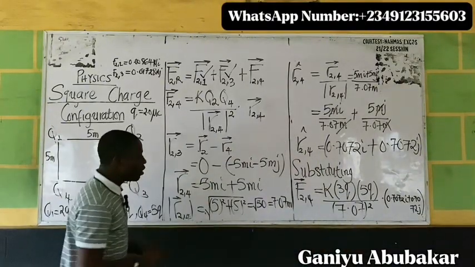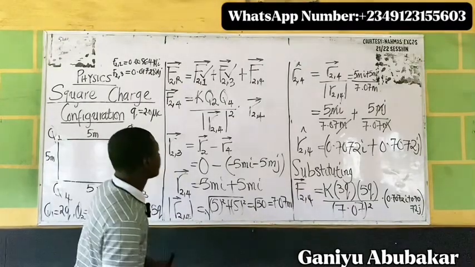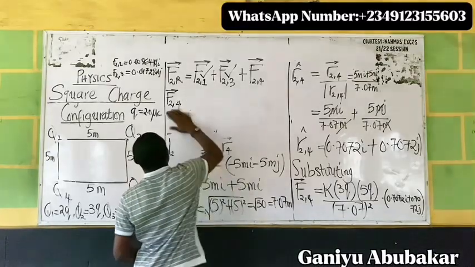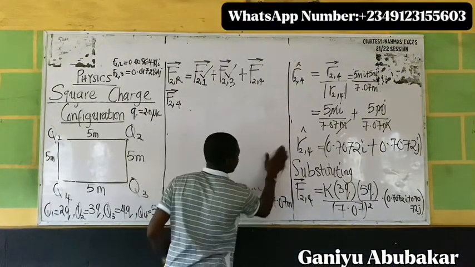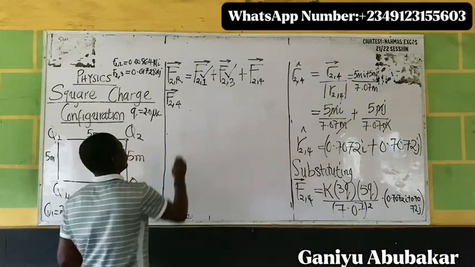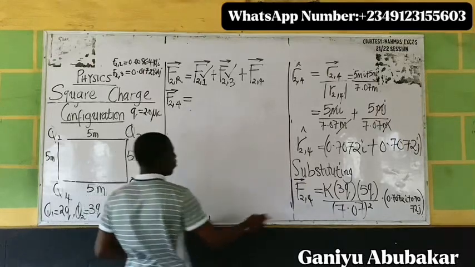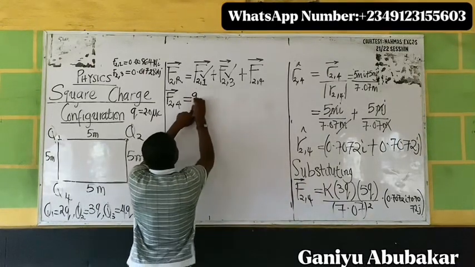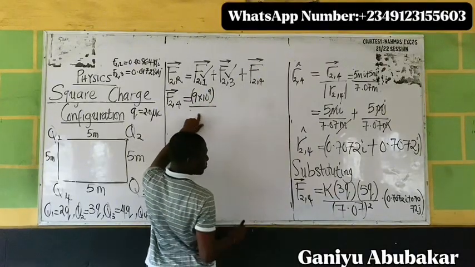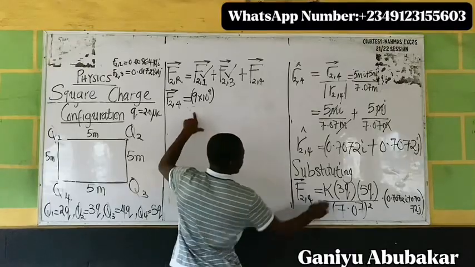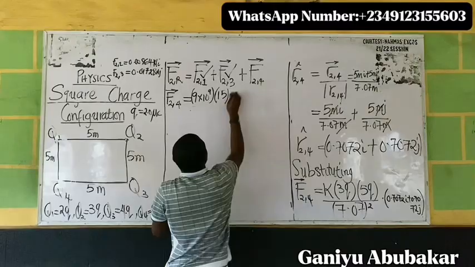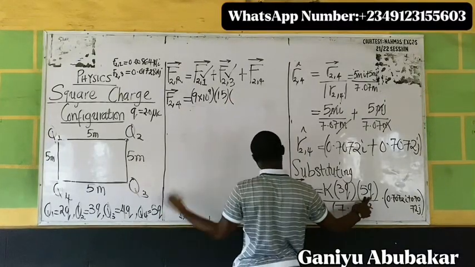All right, let's get F24. F24 will be equal to K, which is 9 times 10 to the power 9, all over 7.07 squared, into 3 times 5, which is 15, into Q times Q, which is Q squared.